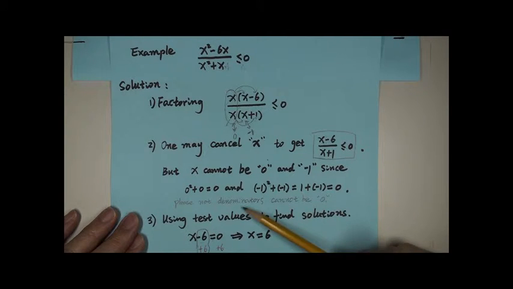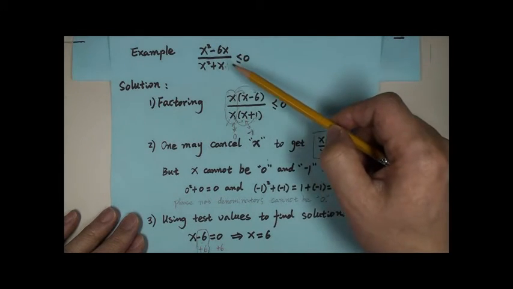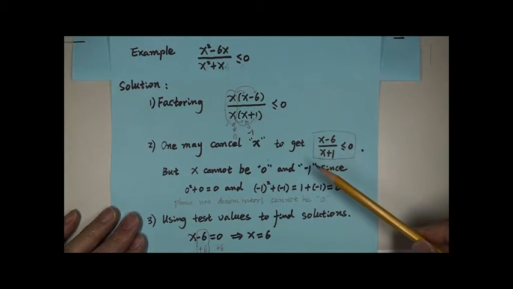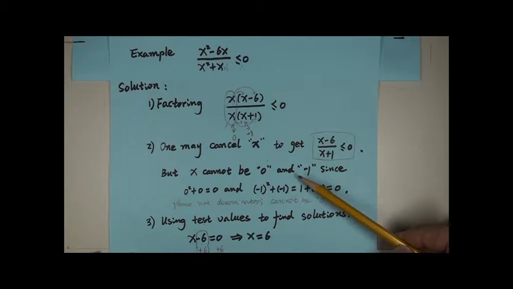So the denominator cannot be 0, because if it's 0, the whole expression is not defined. So keep in mind, x cannot be 0 and negative 1.